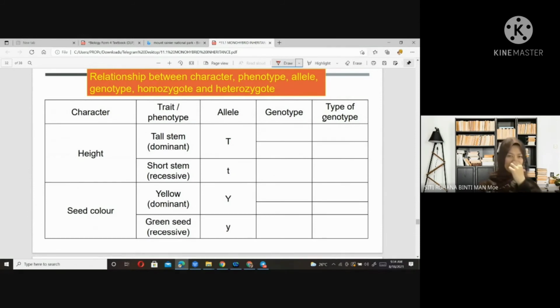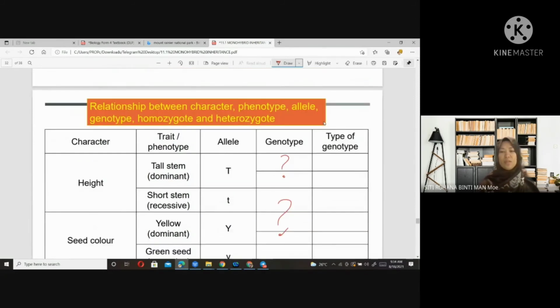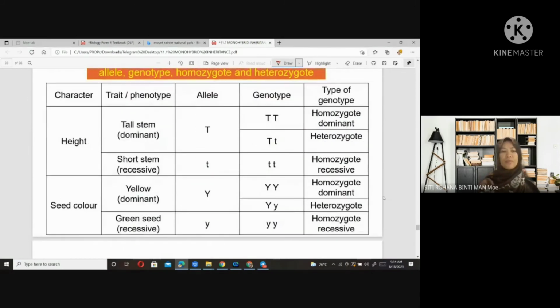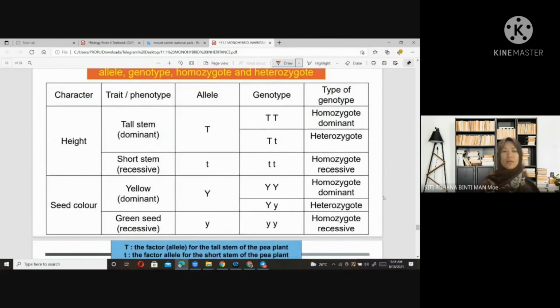Okay, height or tall stem dominant. Okay, macam mana nak tentukan? Given the alleles here, huruf yang digunakan, tengok senang sangat. Nampak? Okay, for height, if tall, for sure, genotype, TT, homozygote dominant.